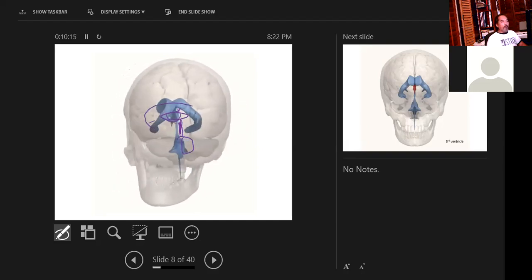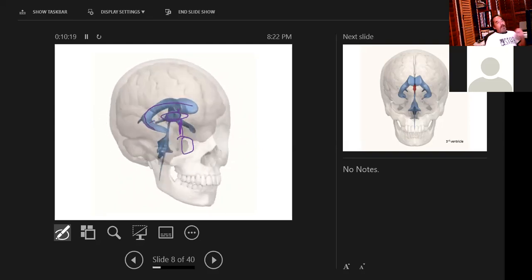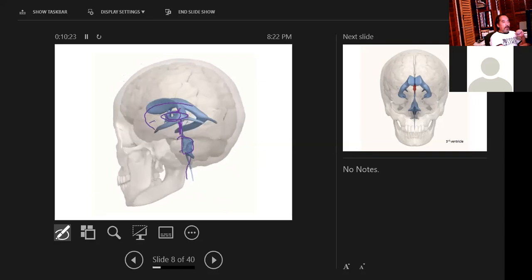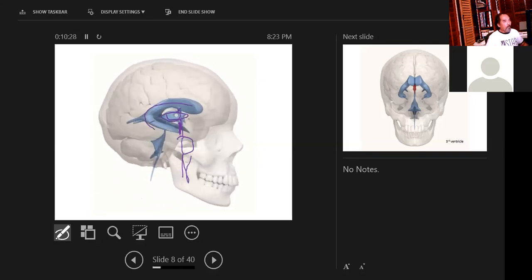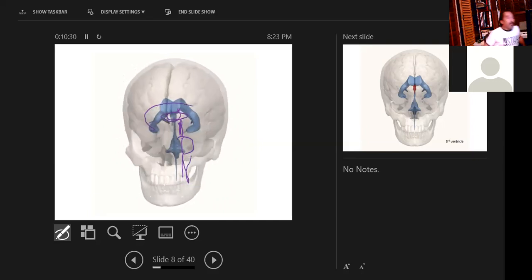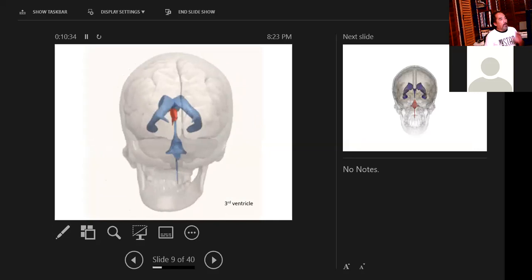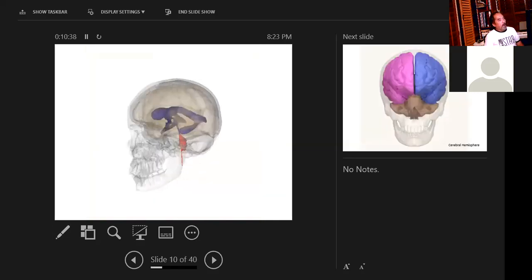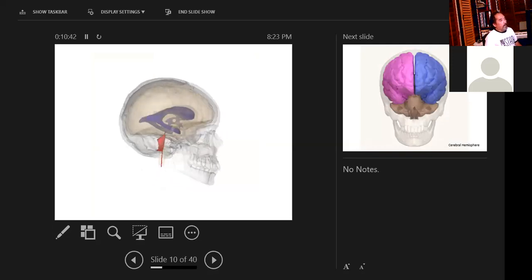After the fourth ventricle, it becomes thin because it's now going to the spinal cord, and that's going to be the central canal of the spinal cord. So those are the different parts of the ventricles. The middle part is the third ventricle. The red part is going to be the fourth ventricle.